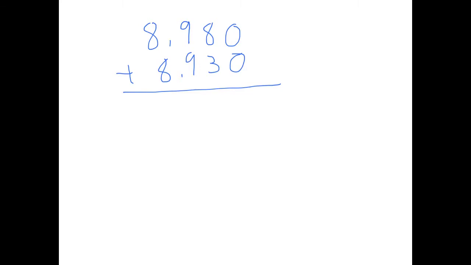This time we're going to add those same two numbers. Once again, I look at the least decimal place they have in common, right there. So that's going to be the leftward boundary for my number of sig figs. My sig figs can go infinitely in that direction.